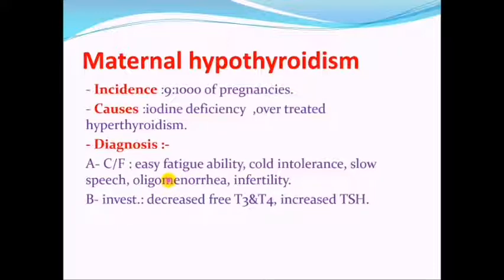Sometimes it may present with menorrhagia in severe forms of hypothyroidism, and may present with infertility. To confirm the diagnosis, we can send the patient for a thyroid function test, which shows that the free T3 and T4 are decreased, while there is an increase in the thyroid-stimulating hormone.